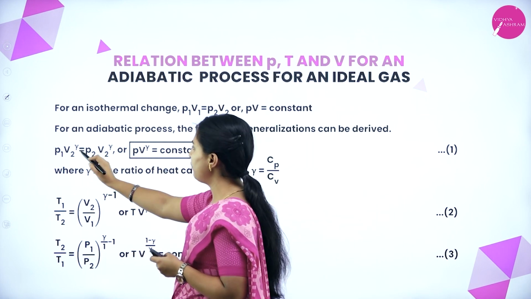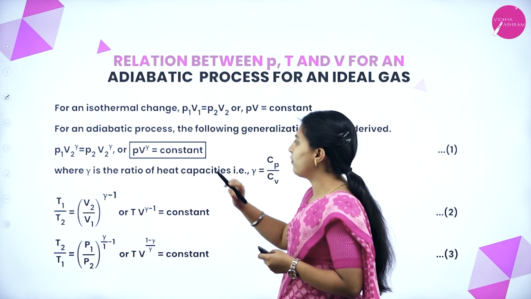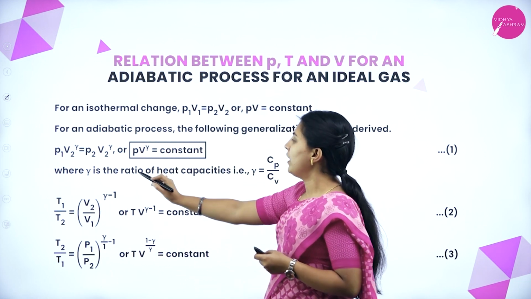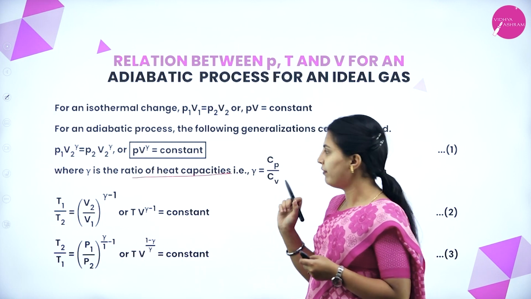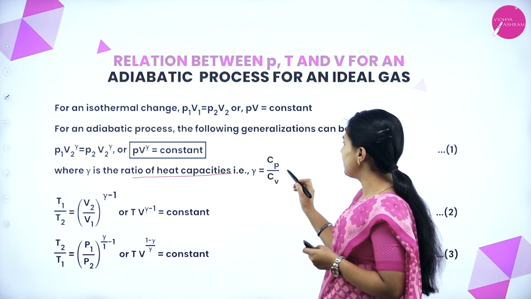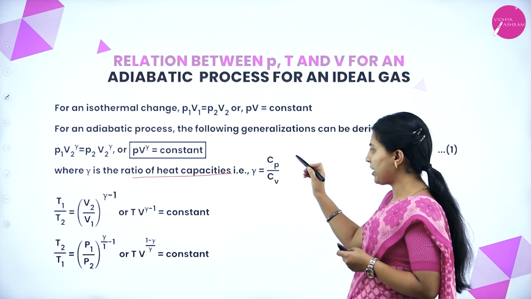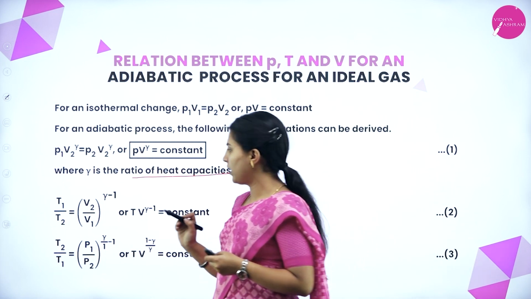See here, P1V1^gamma equal to P2V2^gamma equal to PV^gamma equal to constant. This is the gamma constant they have written, where gamma is the ratio of heat capacities, that is Cp by Cv. These are the heat capacities, so the ratio is called gamma.